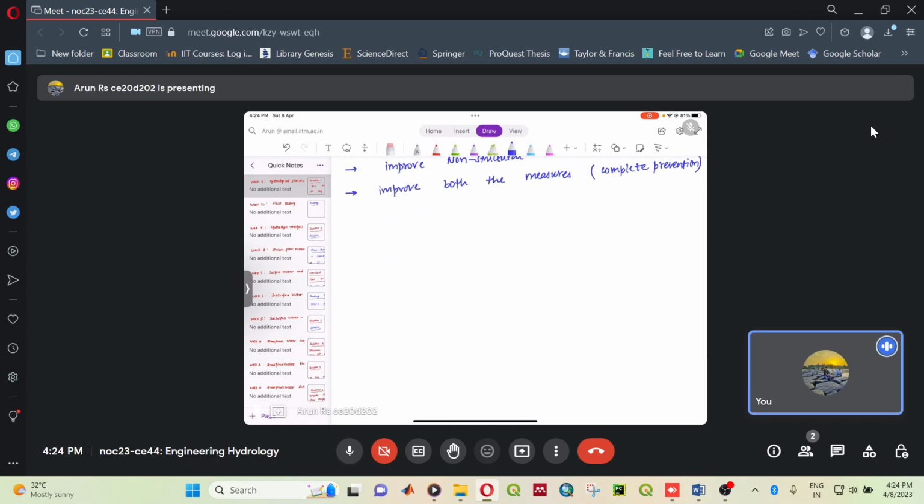So in the question, if we improve either one of these two, the structural measure or the non-structural measure, the probability of prevention of flood is given as 0.8, and for complete prevention it will be 1.